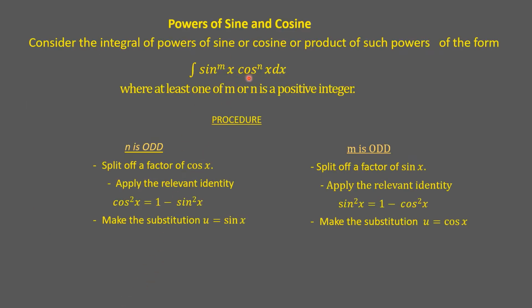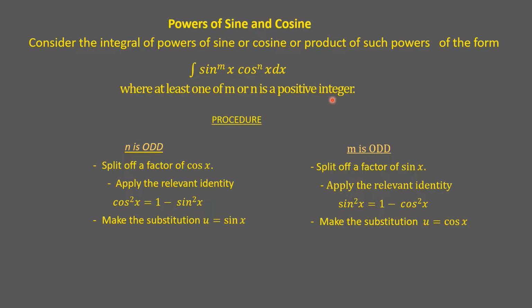Okay, now let us look at the form of the integral of sine to the mx cosine to the nx dx, where at least one of the exponents, m or n, is a positive integer. It can be an odd or an even integer.